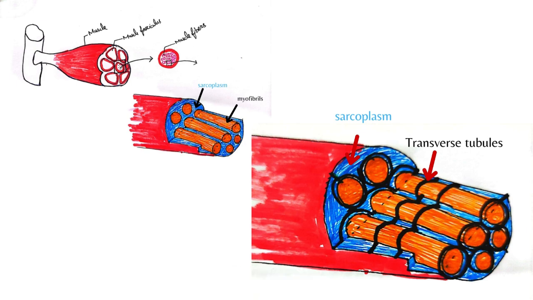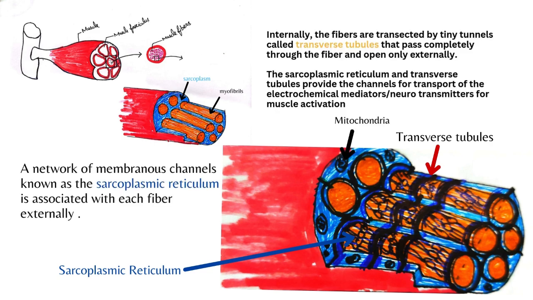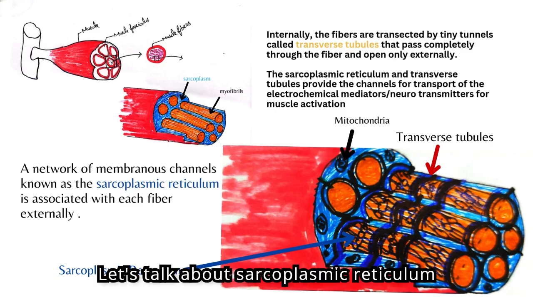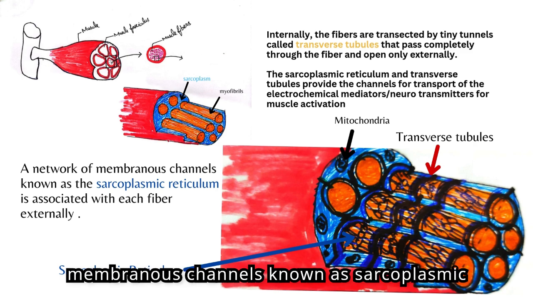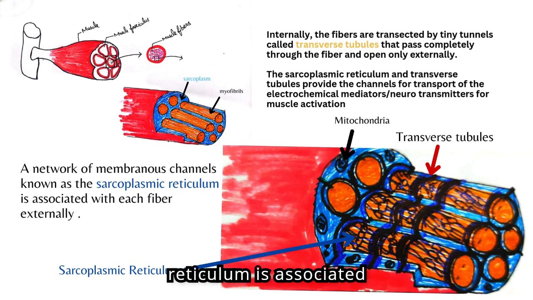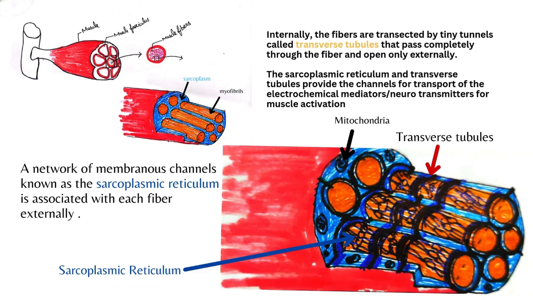As you can see, let's talk about sarcoplasmic reticulum and transverse tubule. A network of membranous channels known as sarcoplasmic reticulum is associated with each fiber externally. This is the same as the endoplasmic reticulum in the cell.